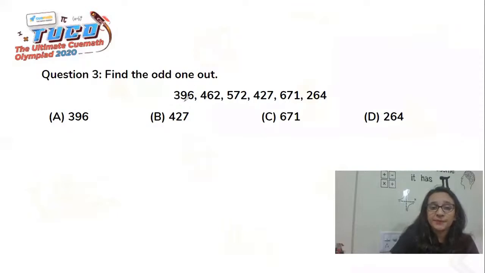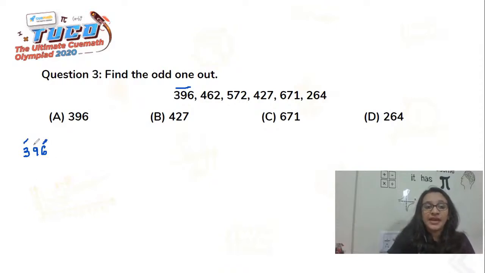If we see the first number, which is 396, I write it here. If I take the first digit and the last digit, that is the digit at ones place and the digit at hundreds place, and if I add them, I get the one in the middle. That is 6 plus 3 gives us 9.